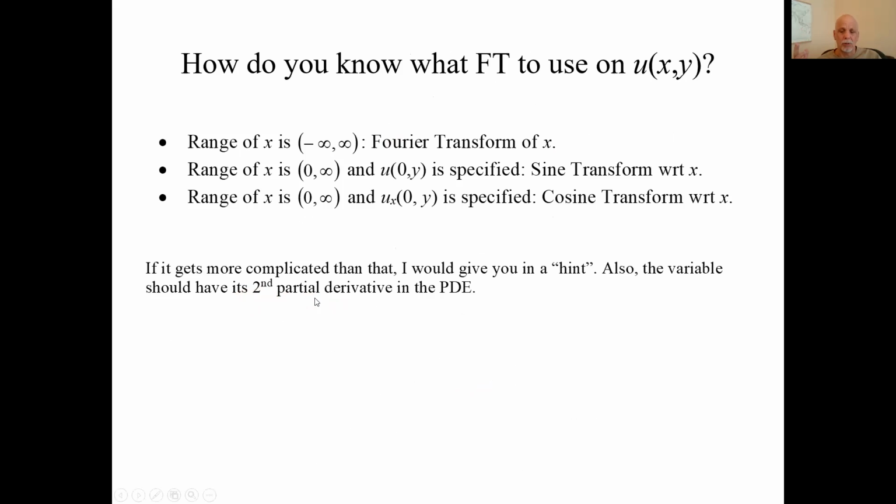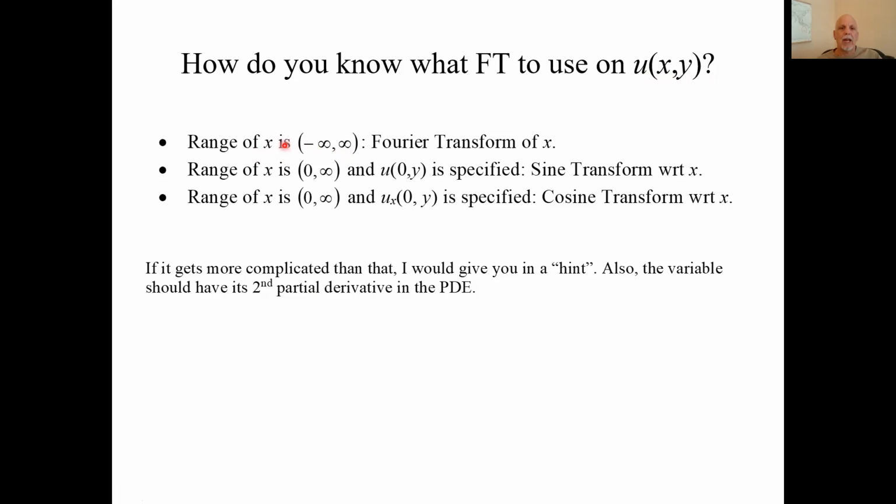If it shows up as a first derivative, that's not what we're going to do. Let's say you have a function of x and y. If we have the second partial of u with respect to x, then that makes x a candidate for what we take it with respect to.